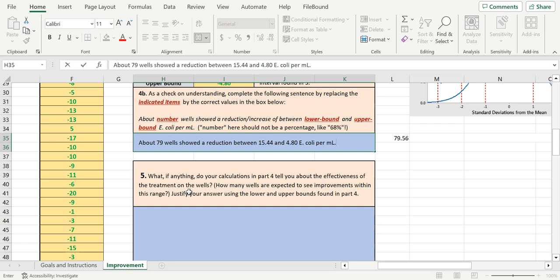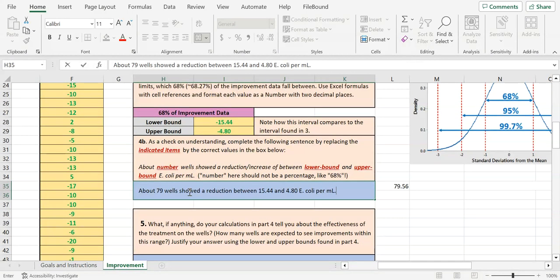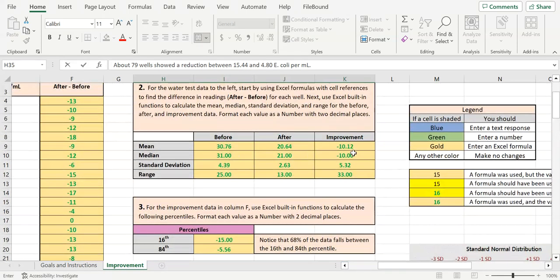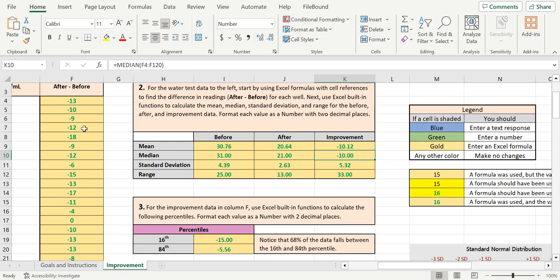Okay, so part 5. What, if anything, do your calculations in part 4 tell you about the effectiveness of the treatment on the wells? So here's where you need to talk about whether you got positives, negatives, and whether or not the treatment is actually working. For my DQ, all of my numbers are negative in the improvement data. My lower bound, my upper bound are negative, my percentiles were negative, and in my improvement data, I got a negative mean, a negative median.